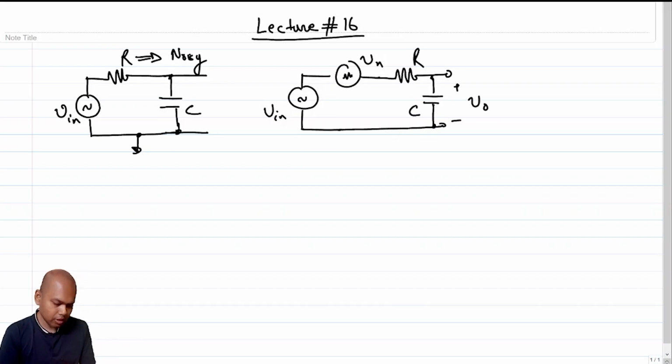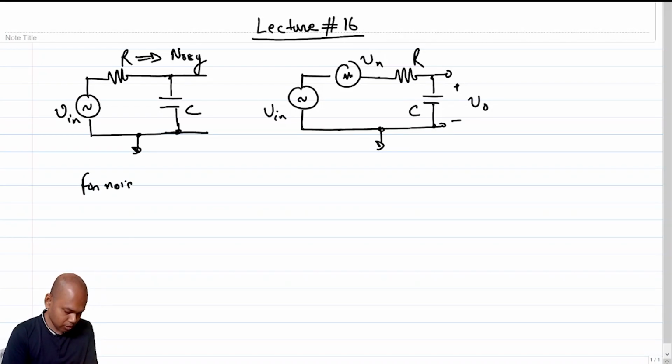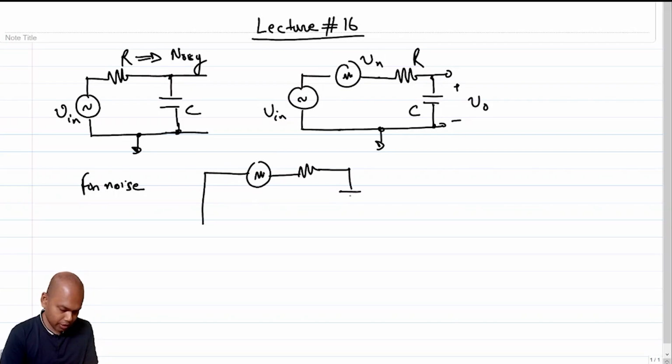This is V0, and the analysis that we did at the end of the previous lecture was to find out the noise power spectral density at V0. And in order to find out the noise power spectral density, what did we do? For noise, we simply desensitize the signal input, and we only did a noise analysis.